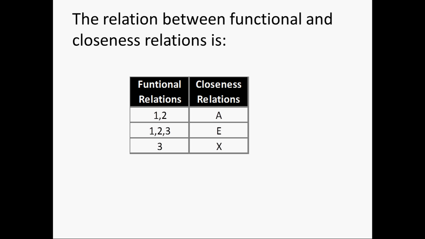The relation between functional and closeness relationship is: if we have functional relations 1 and 2, then it has a closeness relation type A. If we have 1, 2, and 3, it has a closeness relation type E. And if it has only functional relation number 3, it has a closeness relation type X.